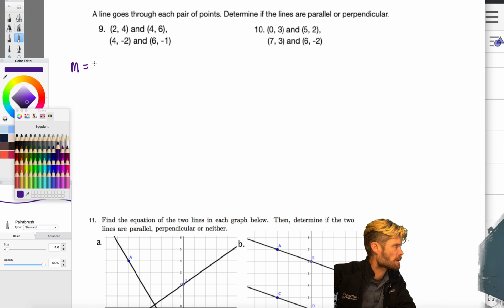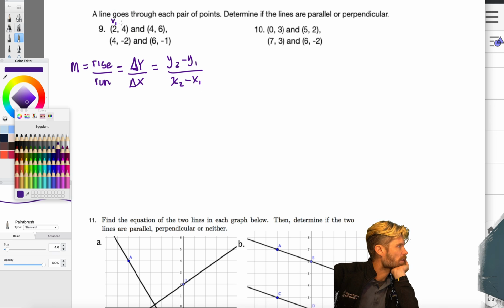So slope is going to be the rise over the run. Another way of saying that is the change in y over the change in x. This is delta, looks like a triangle, means change. So the change would be y2 minus y1 over x2 minus x1.